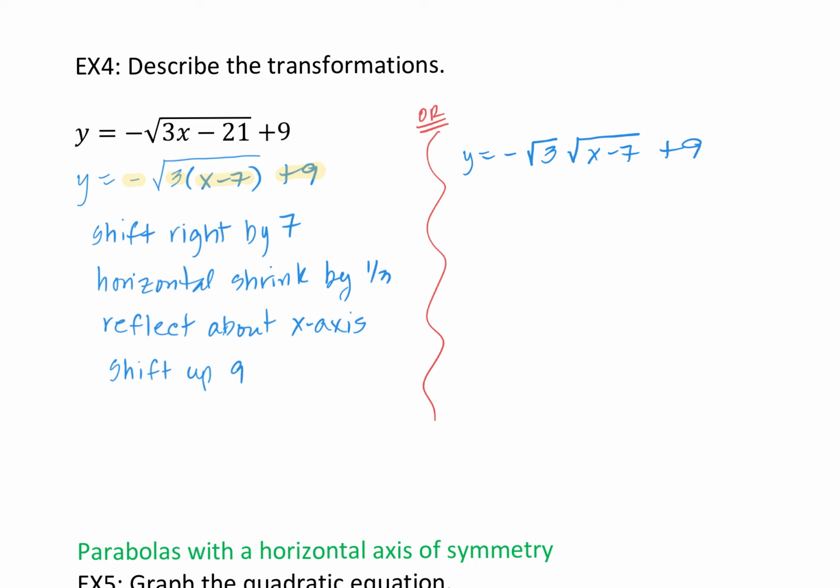So now what we have is still a shift right by 7. So that's still going to be our first transformation. But instead of a horizontal shrink, what we're doing with that square root of 3, which again is greater than 1, so it would be a stretch, is we're changing this to a vertical.